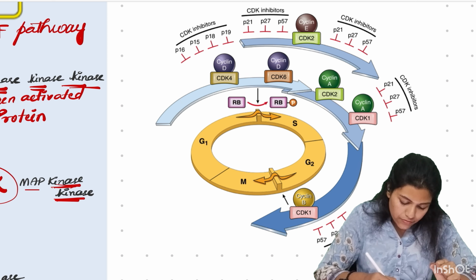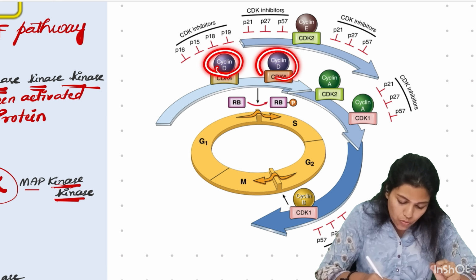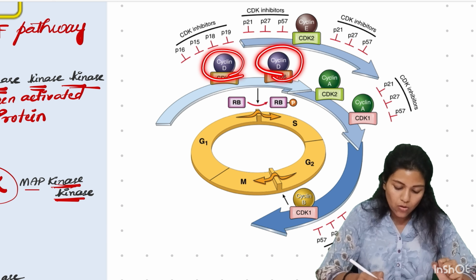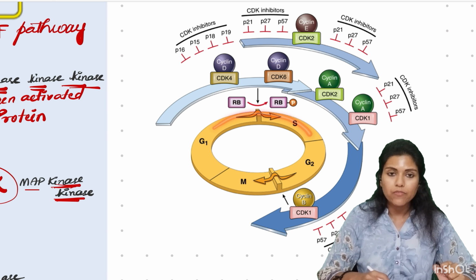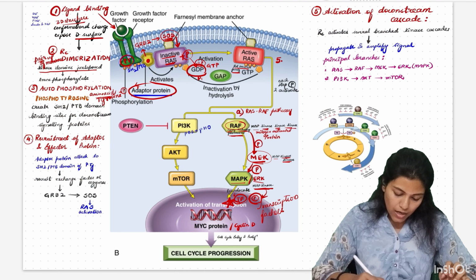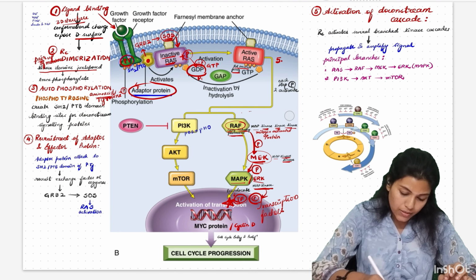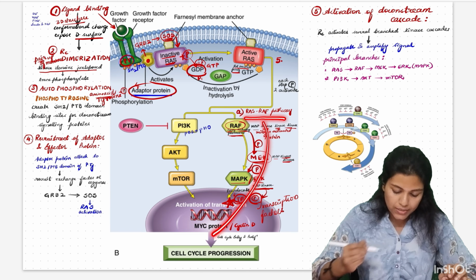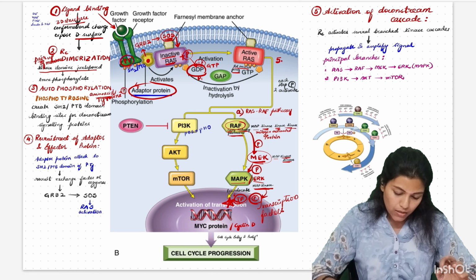In the transition from G1 to S, cyclin D plays an important role. It's the starter cyclin, involved in cell cycle progression from G1 to S phase. So this is how this Ras Raf pathway occurs. We have studied how it occurs in steps.